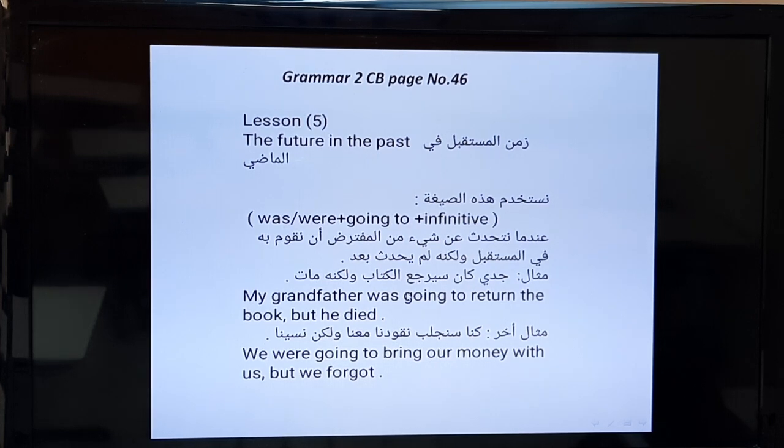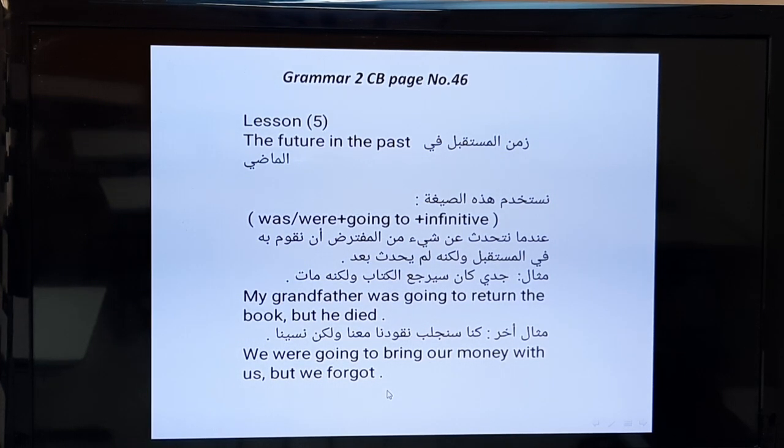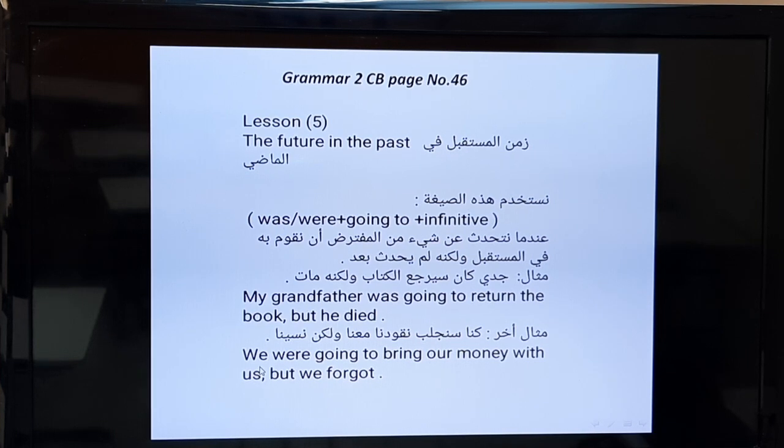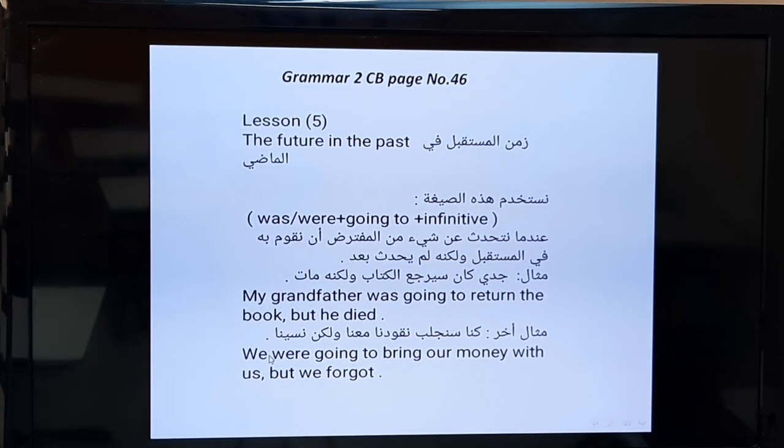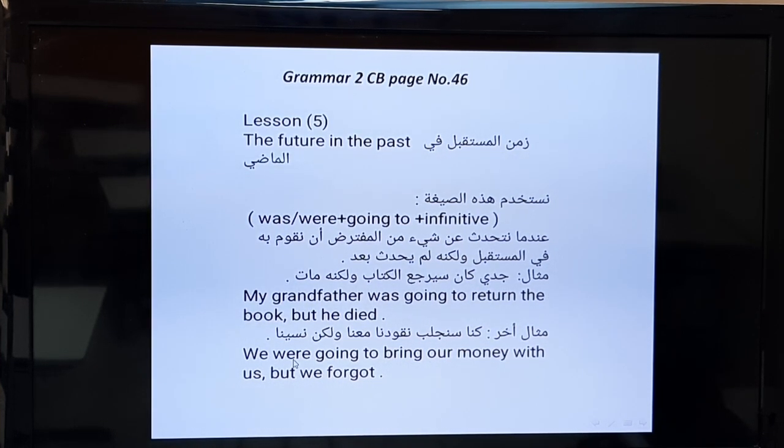Be careful. Example: my grandfather was going to return the book, but he didn't. We were going to bring our money with us, but we forgot, okay? As you know, with we, you should use were.